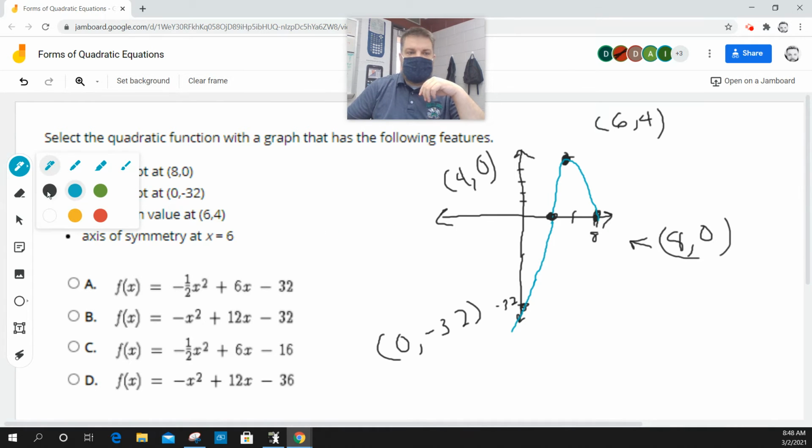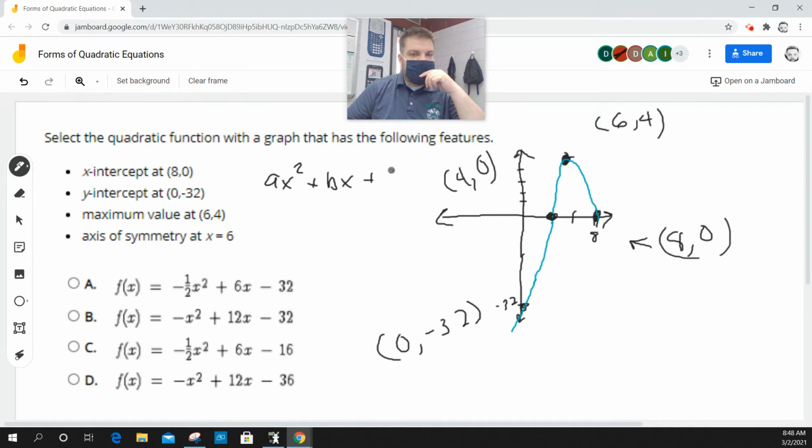So when we think of this as ax squared plus bx plus c, the c term is my y-intercept. Well, what two numbers do I got to multiply to get 32? 4 times 8 will do it.